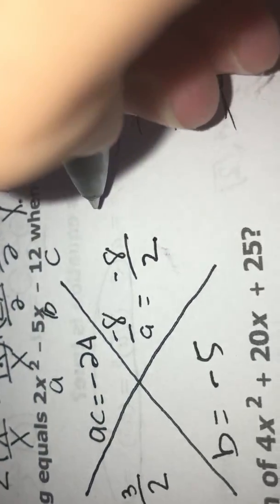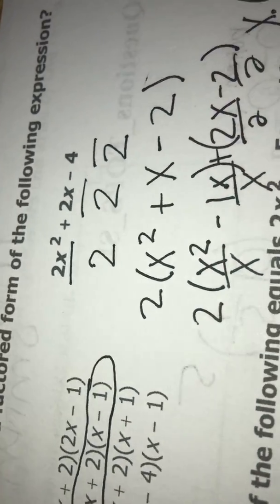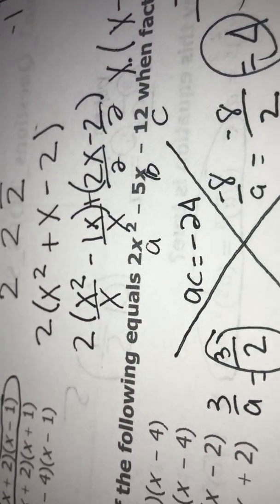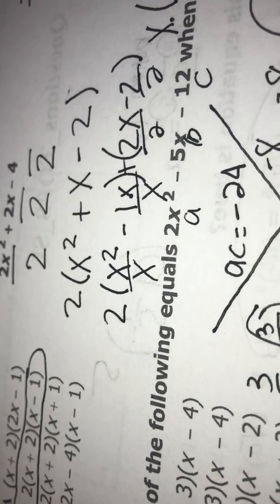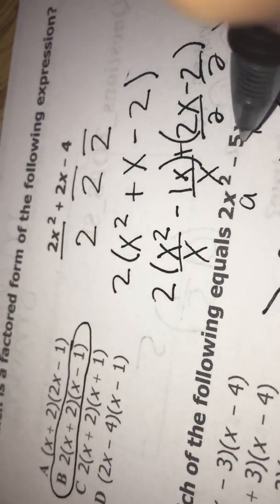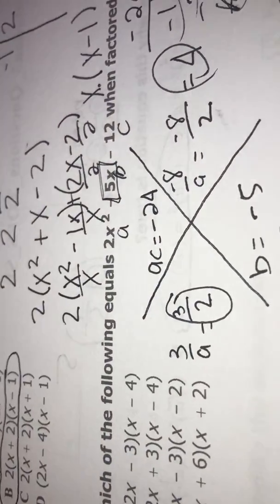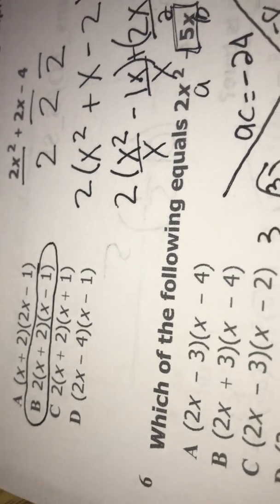And negative 8 over 2 equals 4. And so we bring both of these terms over here, and the 3 over 2, you flip it, and so it becomes 2, and the first term goes with x because both sides have an x, and so 3 over 2 becomes 2x plus 3.